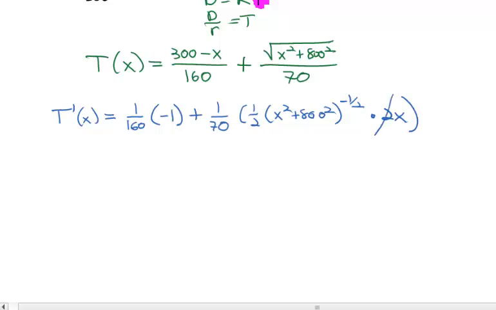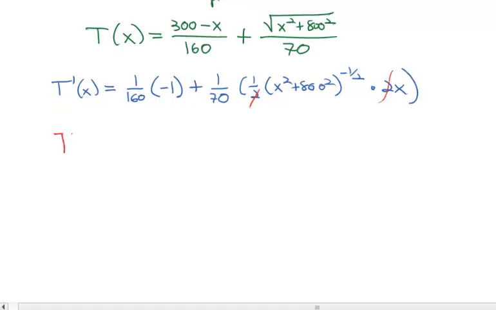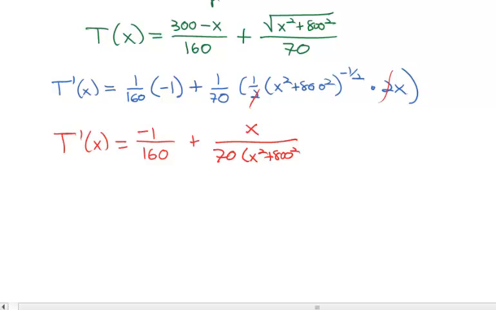A little cleaning. The 2's are going to divide out. So now we have t prime of x equals 1 over 160 negative plus, in the numerator, all we're going to be left with is the x, because the 70 and the x squared plus 800 squared to the 1/2 is on the bottom.